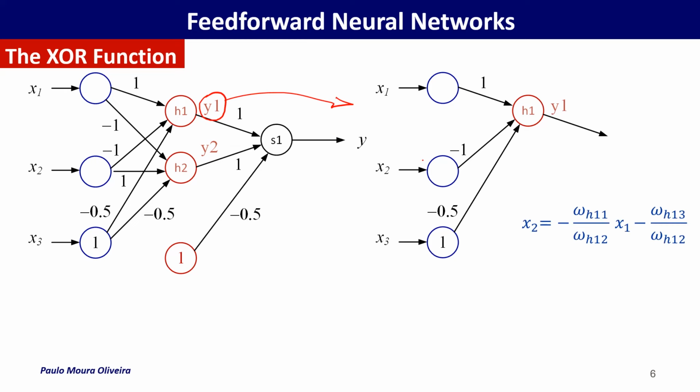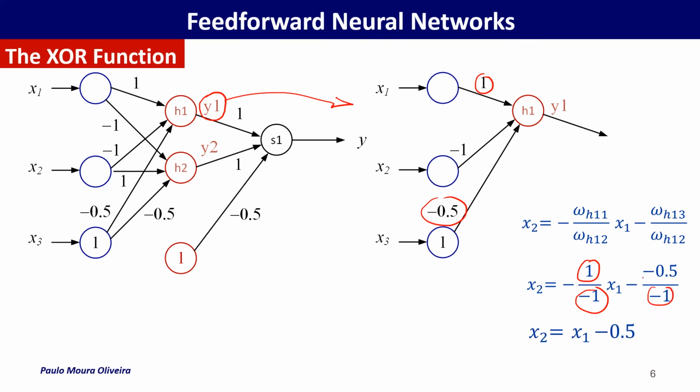So if you replace the weights here in the equation, 1 here and -1 here, and -0.5 here and -1 here, this is the equation for the line. Okay, the first one we represented in blue for the hidden neuron 1.